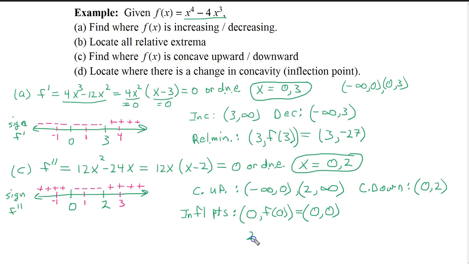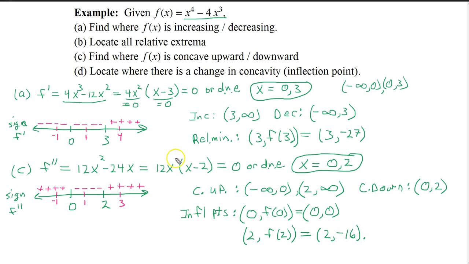So 2, and that will be 16, if we put 2 in here for x, 16 minus 32, 4 times 8, so that will be (2, negative 16). And there, we've identified where our function is concave up, concave down, and we've found our inflection points.